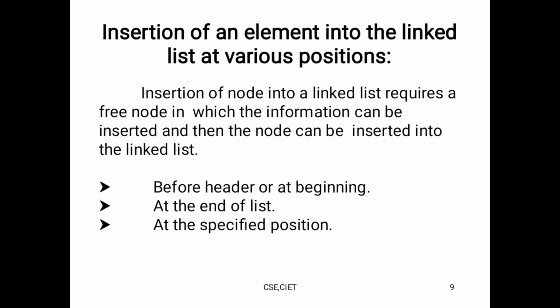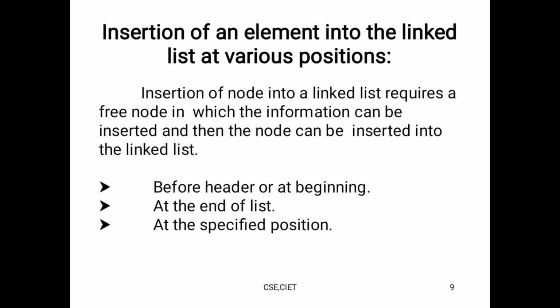Now we will see how to insert an element into the linked list at various positions. Generally we have 3 positions: at the header, or beginning, we can insert an element, or at the end of the list, or at a specified position.